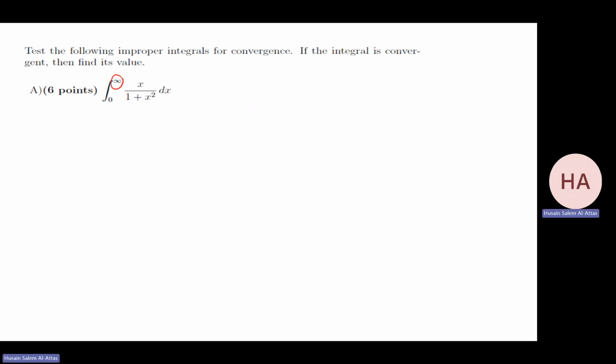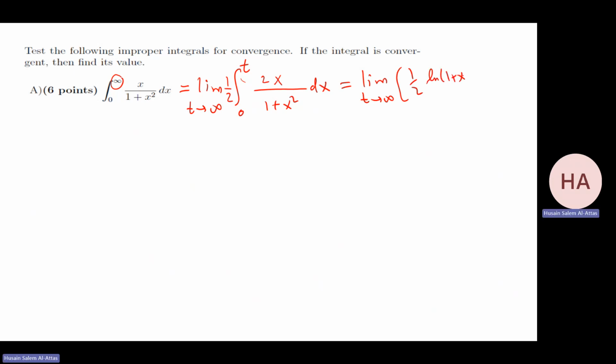This is infinity. So change this to limit t goes to infinity, 0 to t, x over 1 plus x squared dx. Yeah, let me do it in one step. This is 2 and this is half. So it will be limit t goes to infinity, half ln 1 plus x squared.